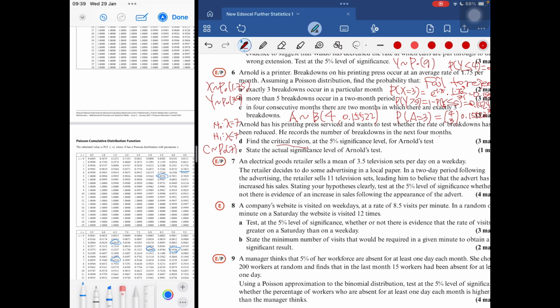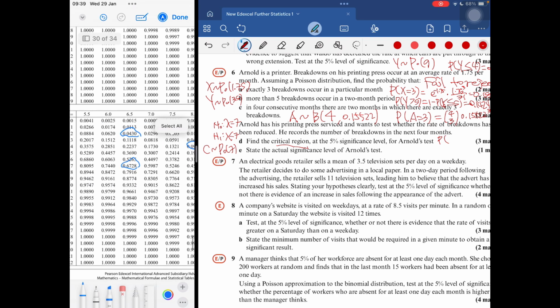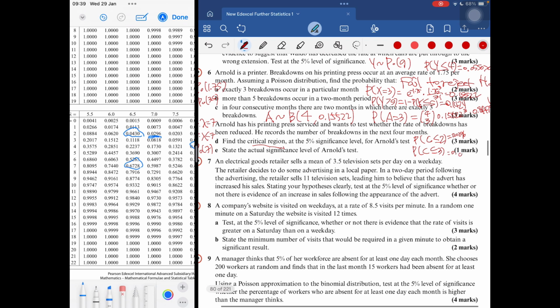With 7 here, up until 2: the probability C less than or equal to 2 is 0.0296 and for 3 it is 0.0815.